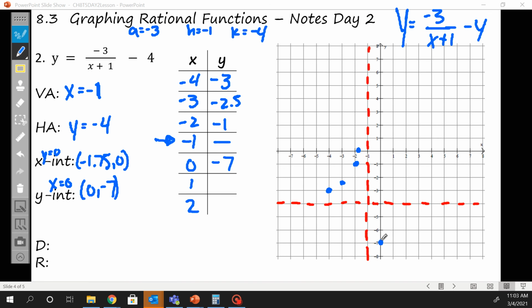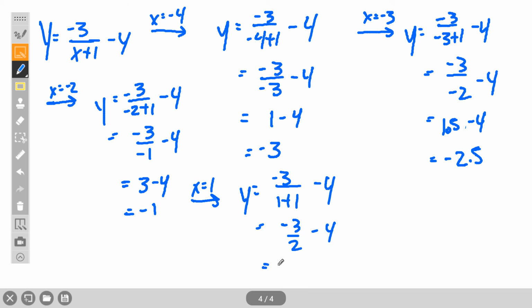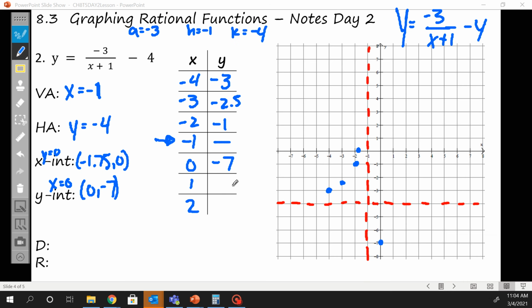I already have that right here. A 1, so y equals negative 3 over 1 plus 1 minus 4. Negative 3 over 2 minus 4. Negative 1.5 minus 4, which is negative 5.5. So 1, negative 5.5 is right here.